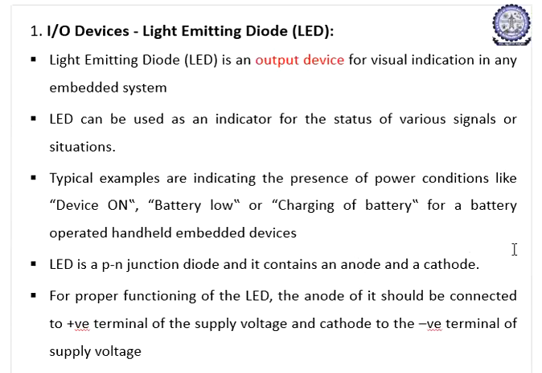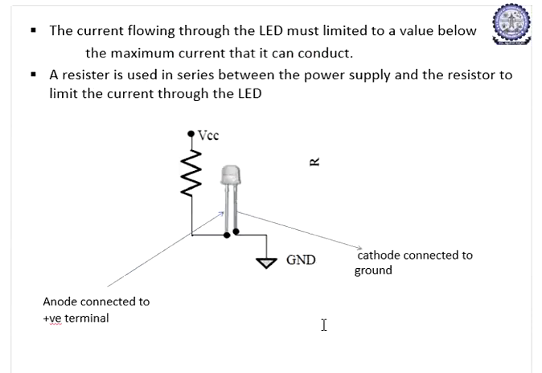Whenever the semiconductor is connected in forward bias and light starts emitting, we call it a light emitting diode, or LED. As I told you, the resistor is used for limiting the current flow which is passing to the LED, so we are using the resistor here.